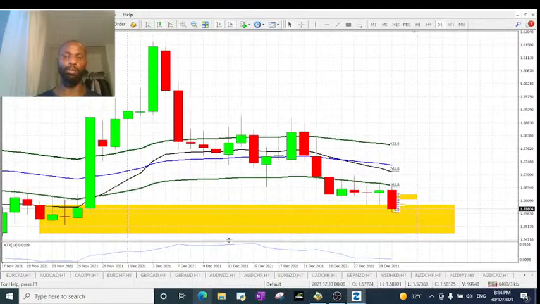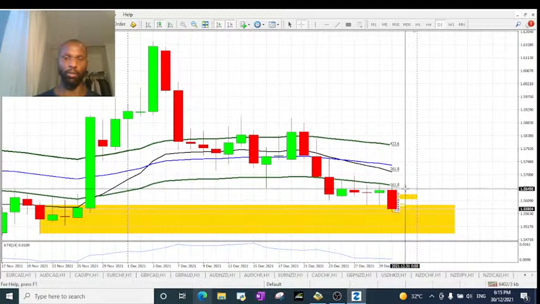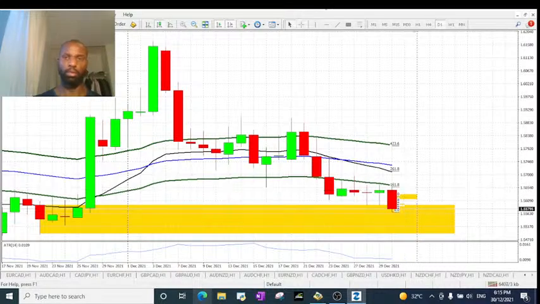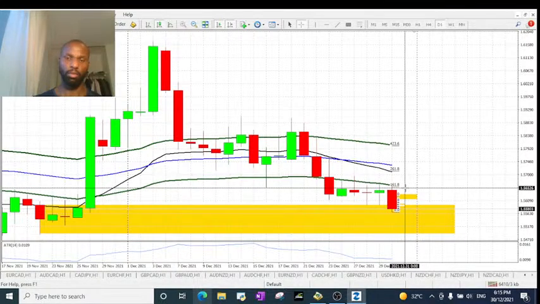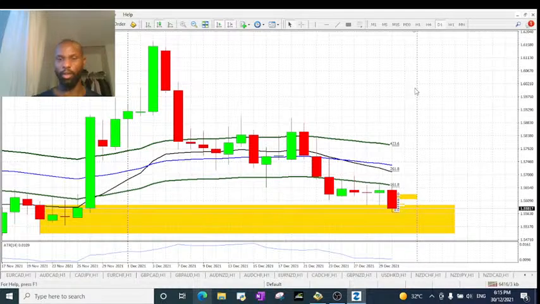So every day this pair moves 109 pips. How much have we moved since we opened? About 79 pips. Sorry, we've done 88 pips. So we have maybe another 30 pips to go.